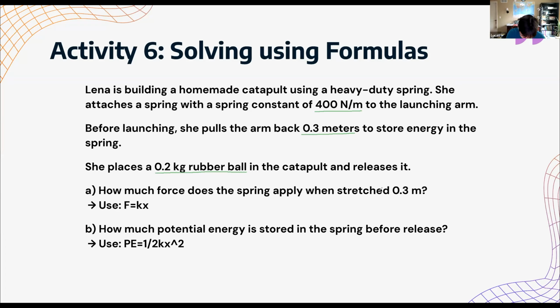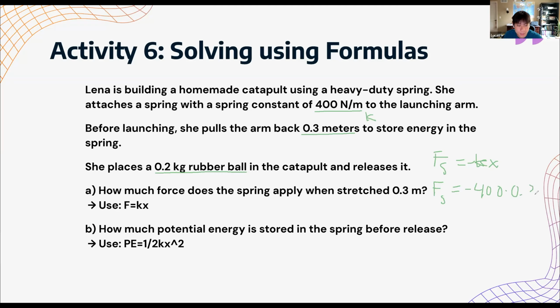So we know spring force is equal to negative kx. K is the spring constant, which is given to us. So spring force here is equal to negative 400, because remember, this is k here, the spring constant, times x, which is displacement, 0.3 meters here, right?